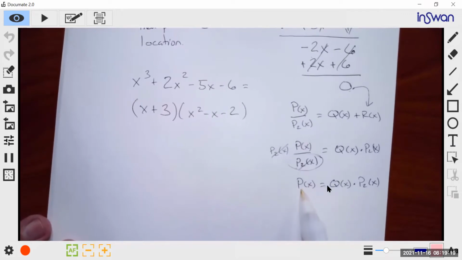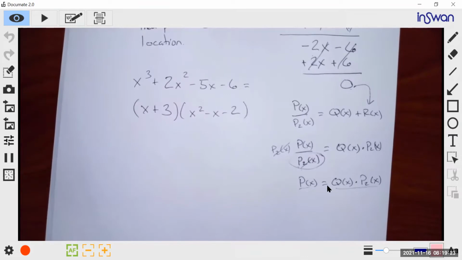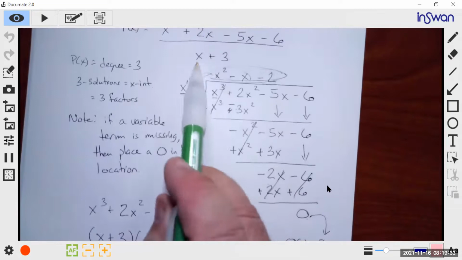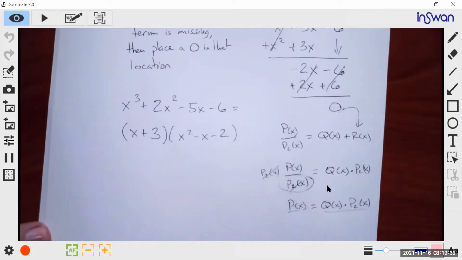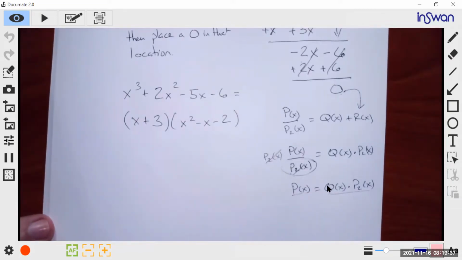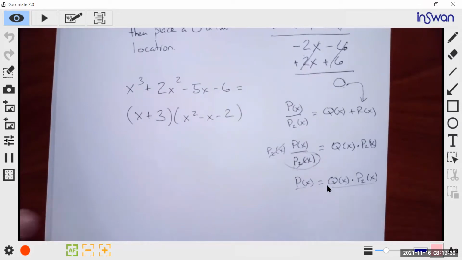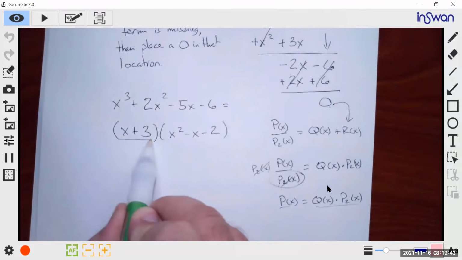So what we have is the original polynomial and its factored form. This is our objective in this section of the course: we have to now look for any numbers that give us a remainder of 0. If we have a remainder of 0, we know it's a factor. So that's our first factor.